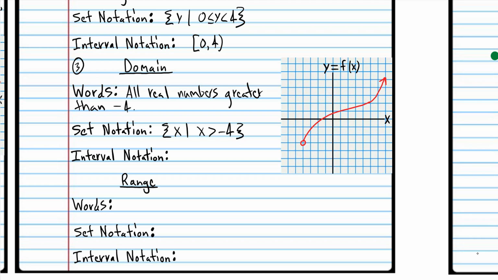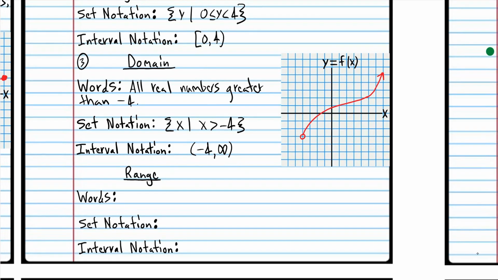And in interval notation, we use a parenthesis because -4 is not included in the domain. And then we use an infinity symbol, meaning it just keeps going. Any x value that's bigger than -4 is in the domain.